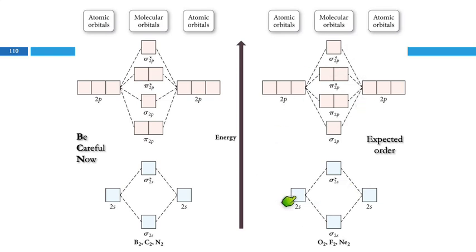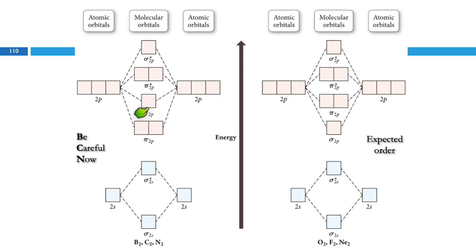So here we have our s orbitals down here making bonding and anti-bonding. And then when the p orbitals overlap, we get a sigma bonding and a sigma anti-bonding. And then we get 2 pi bonding and 2 pi anti-bonding orbitals. What's different for boron, carbon, and nitrogen is that these 2 are switched.